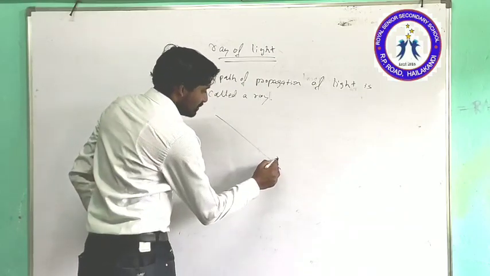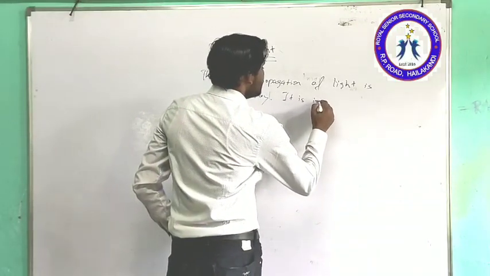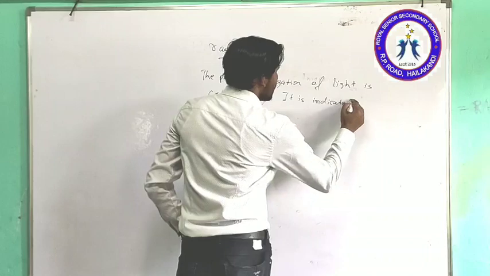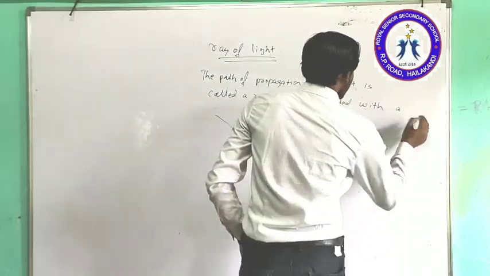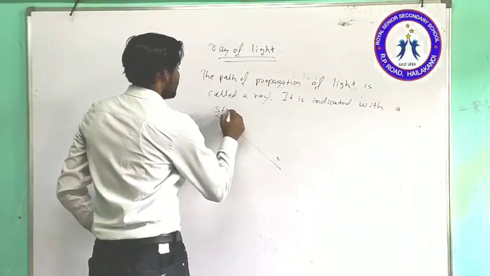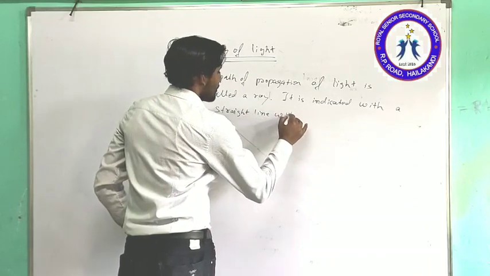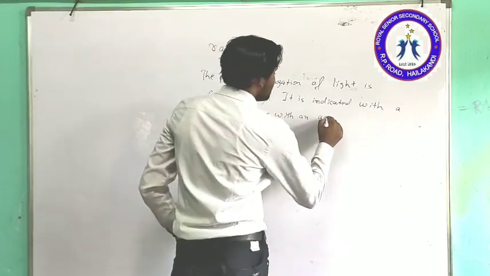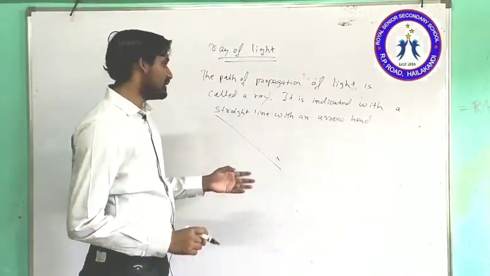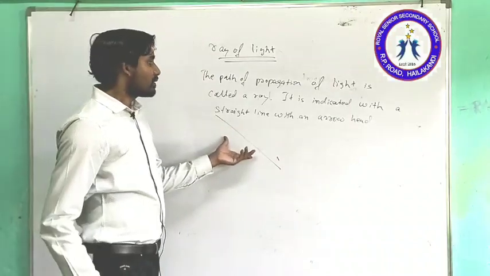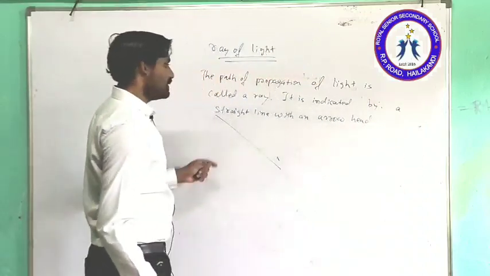A ray is always indicated with a straight line with an arrowhead. So that's how a ray of light is indicated: always by a straight line with an arrowhead.